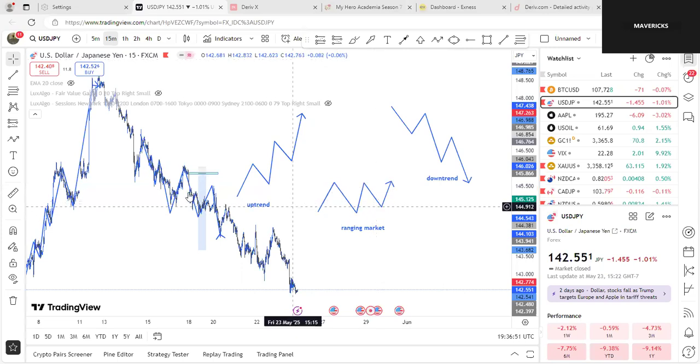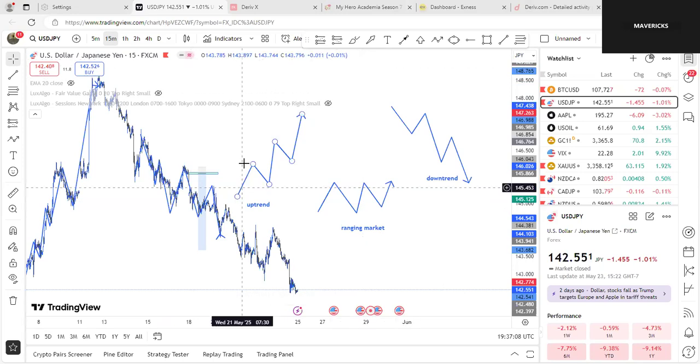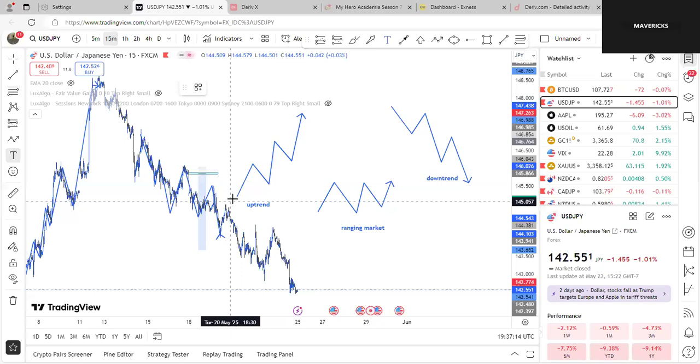And I said in an uptrend, price continues to make higher highs and higher lows. Let me identify that structure for you now. In an uptrend, we have here at the bottom a low. The low is just the lower point of price, and we have a high.